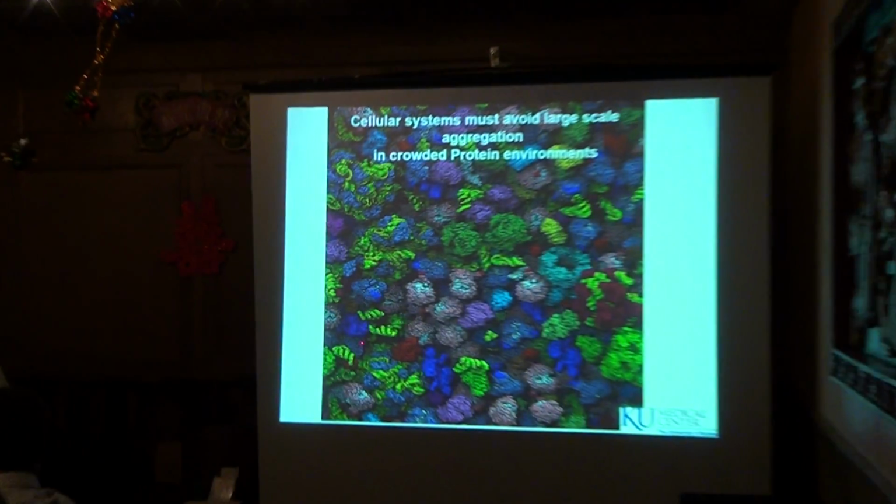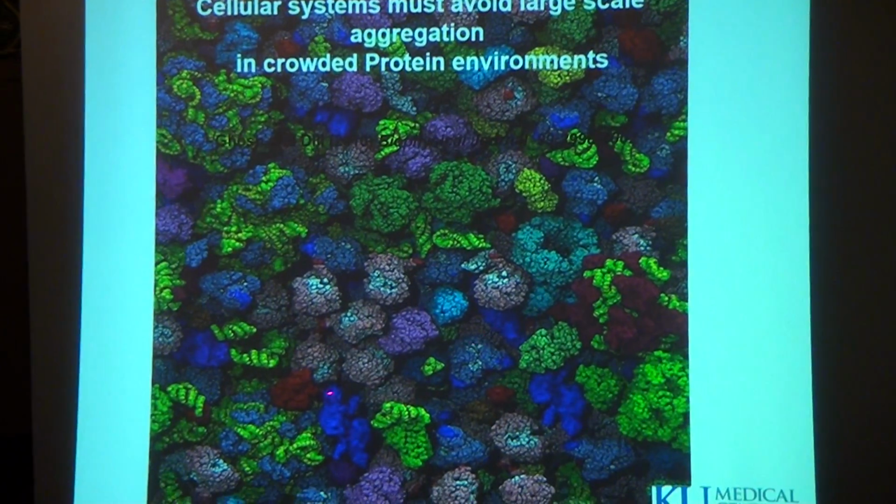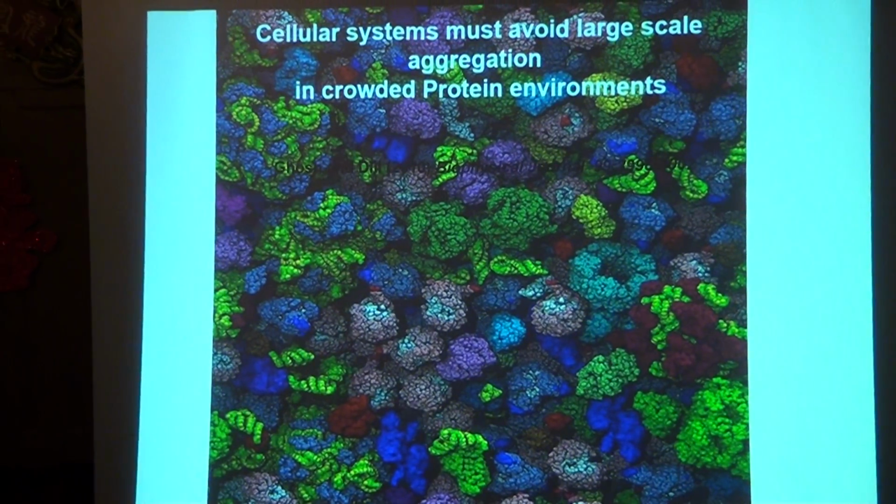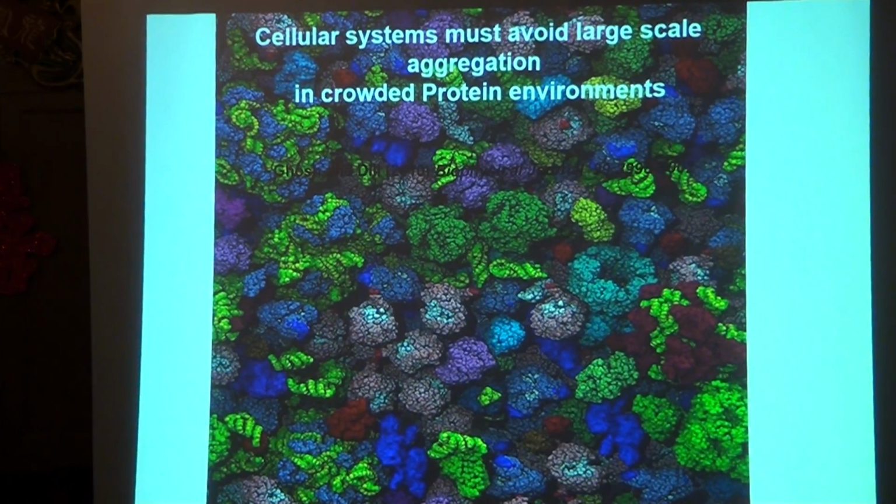So what kind of therapies are we going to be talking about? Here's the interior of a cell, and this is where it just shows you how crowded this environment is. Now, in our cells, we've got huge amounts of concentration of proteins, but we don't get aggregation. Why is that?